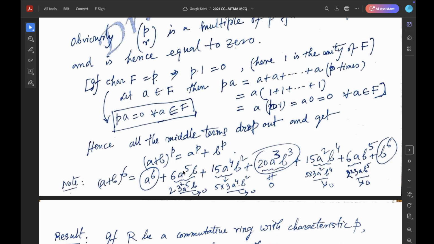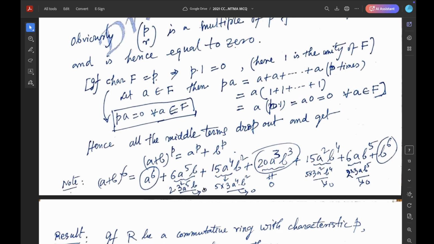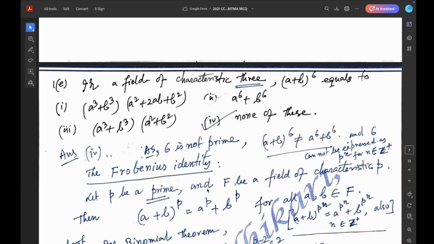Now 6a^5 b is equal to 2 into 3 into a^5 b. This 3 into a^5 b is equal to 0, because if the characteristic of F equals p, then pa equals 0 for all a belonging to F. We know this. So if the characteristic of a field F is p, then p into a equals 0 for all a belonging to F. So 3 into something is equal to 0, because F is a field of characteristic 3.